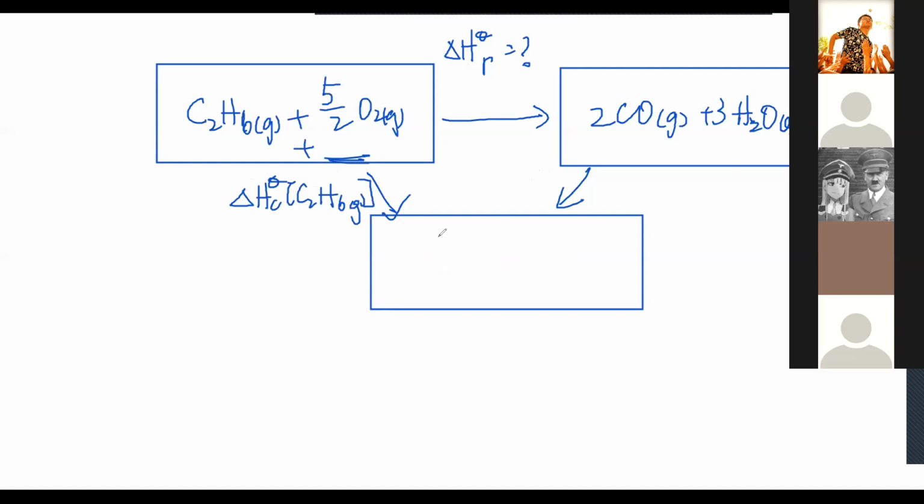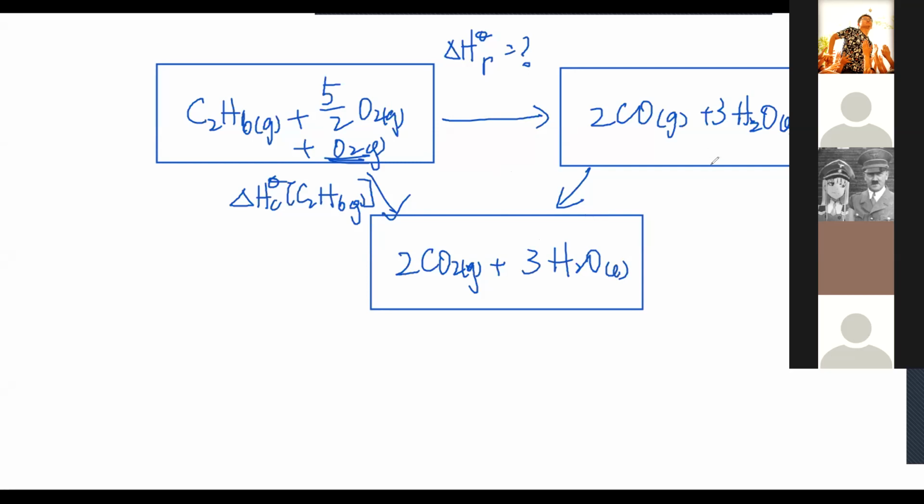Combustion data: 2 carbon, which means 2 CO2, right? How about H, which means how many water? There should be 3, okay? So you should add some O here, right? 2 times 2 equals 4, 4 plus 3, 7, so 7/2, which means I add 1 more O2. Do you understand? Such that here comes from combustion data.